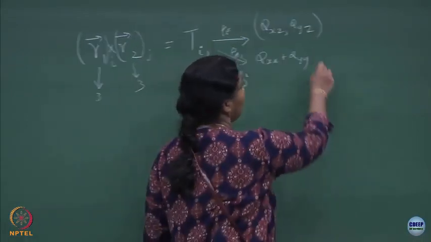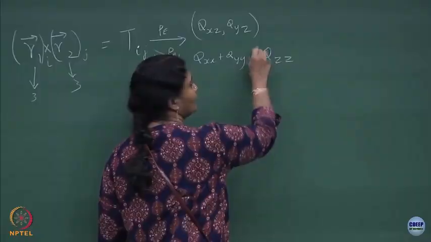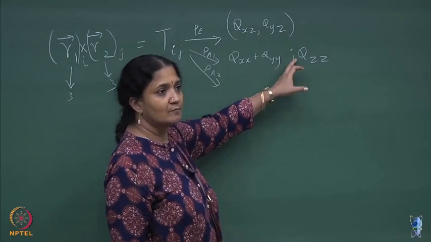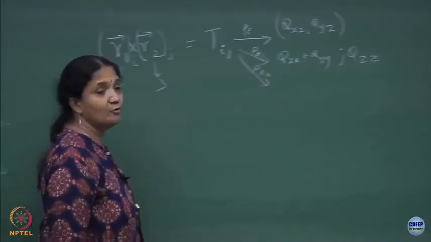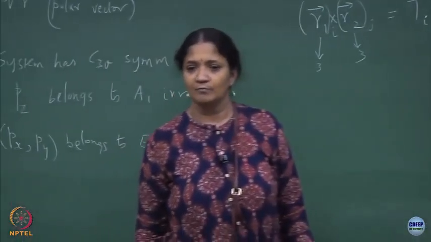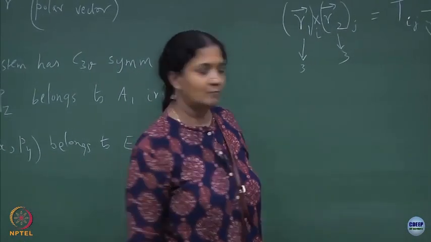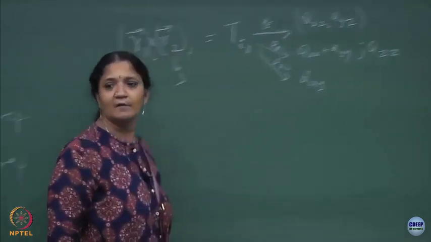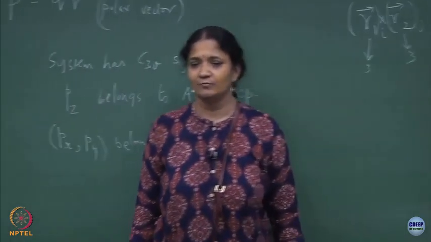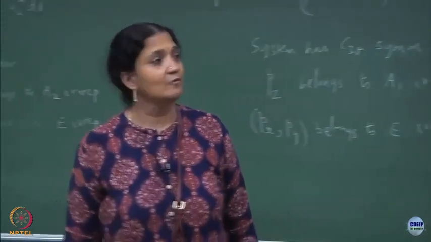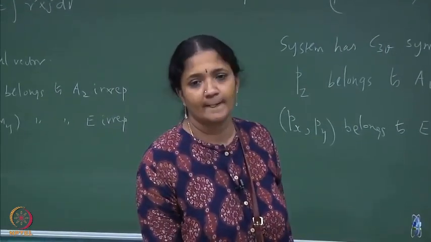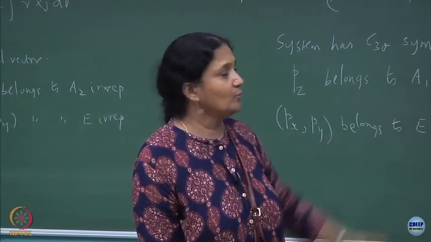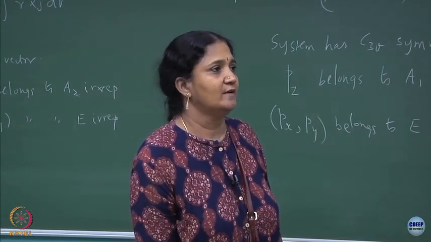You can also have separately Qzz. This is a 1D irrep. And what about A2? Someone? Is that right? Is that A2 or no? Should be, no? Yes or no? Qxy will belong to your A2 irrep.